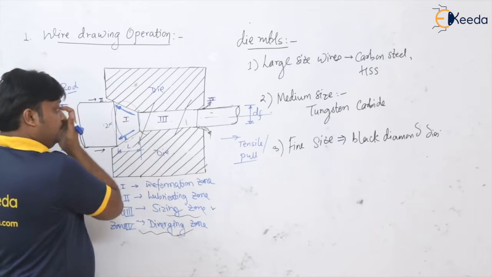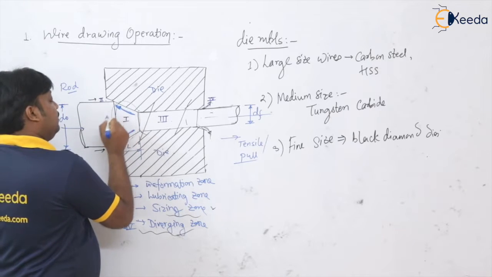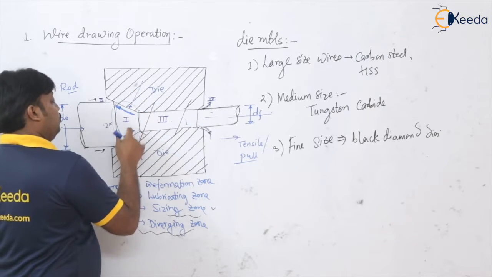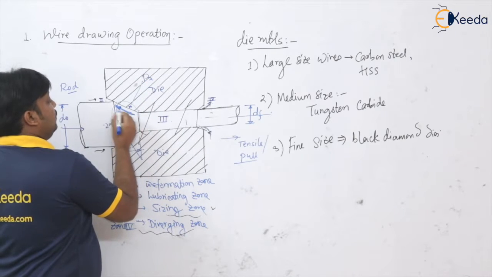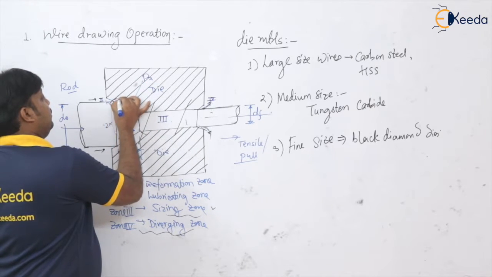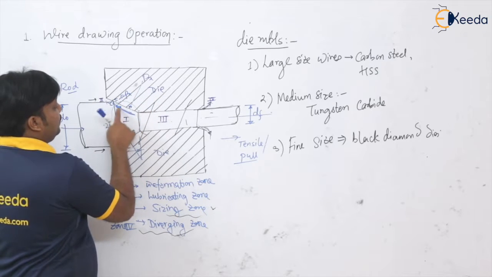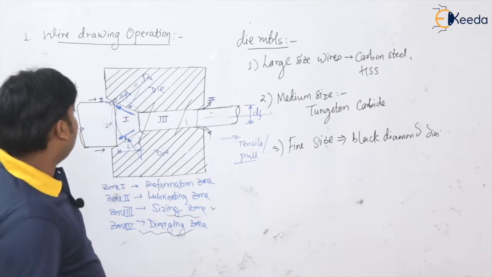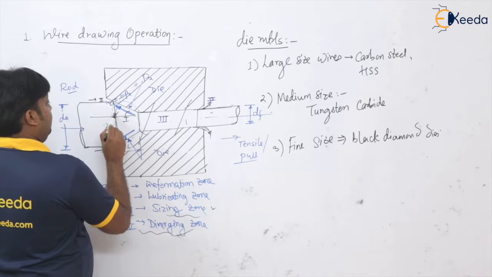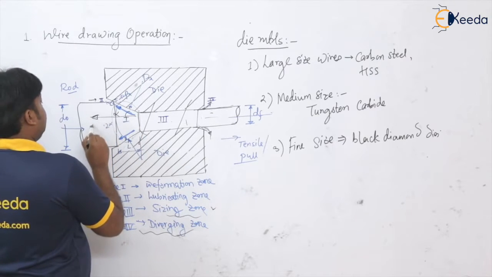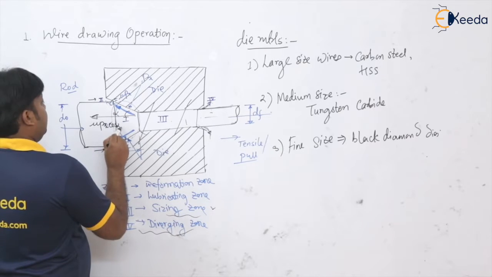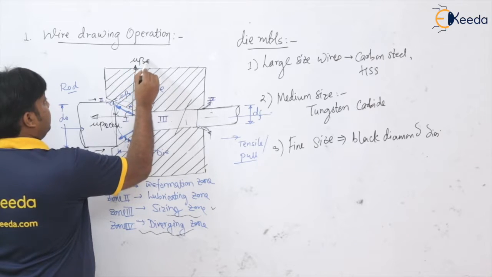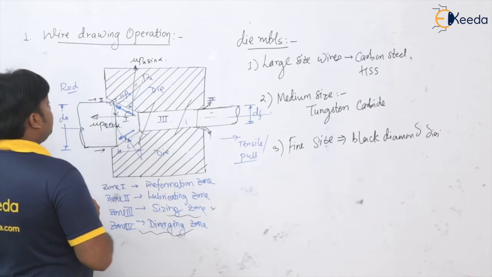If the pressure applied by the die onto the workpiece is Px, then the frictional force is tau x, which is nothing but mu times Px, where mu is the coefficient of friction between the die and the workpiece. These have two components, with angle alpha: one is mu Px cos alpha, and the other component of force is mu Px sin alpha.